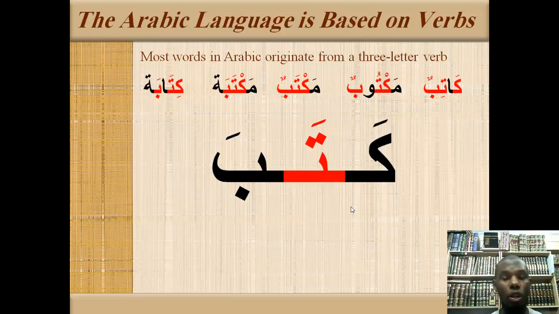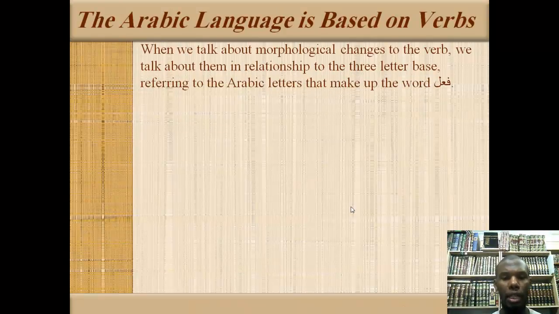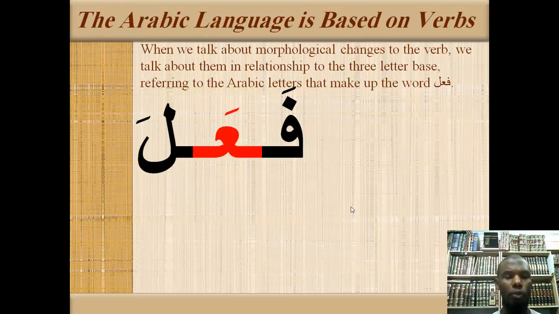Now those changes are pretty consistent. So any other 3-letter verb that you find in any of those forms would also carry a similar meaning for that verb. So you can see where this is going. For these lessons, we're going to look at some basic forms for verbs.